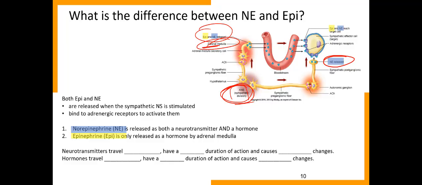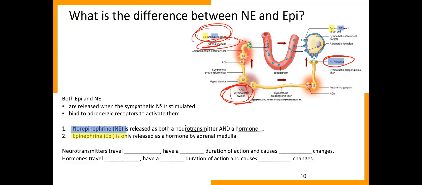The adrenal medulla. So the epinephrine and norepinephrine released by the endocrine gland, the adrenal medulla, is released into the bloodstream where it travels, right? And so if you look at the difference here, norepinephrine is released both as a neurotransmitter and a hormone.